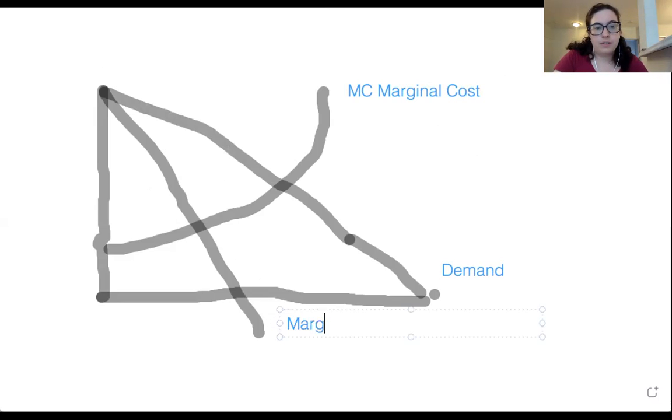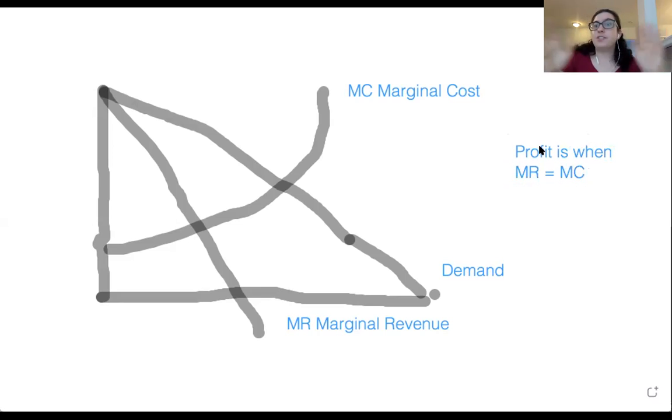This is going to be marginal revenue. Okay, it doesn't let me shift. So what happens here? The profit maximizing point is when MR equals MC. The reason has to do with the derivative of profit, because that's revenue minus cost, and you want to maximize that. When you take the derivative of both, you get marginal cost equals marginal revenue.